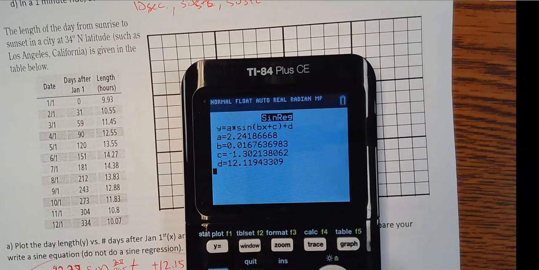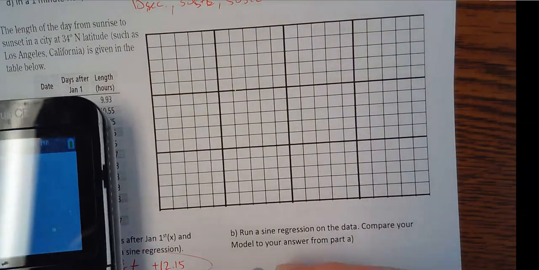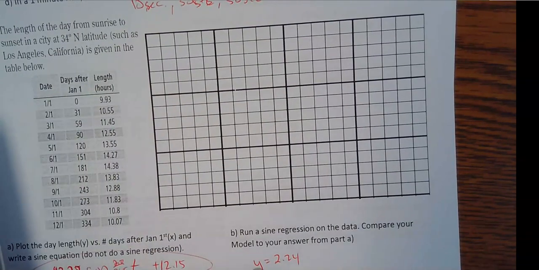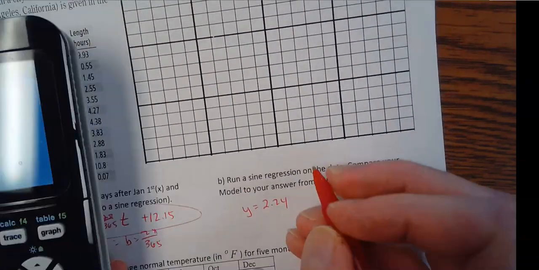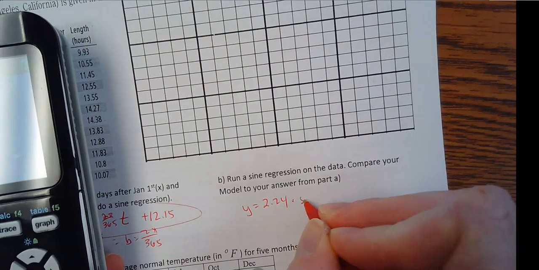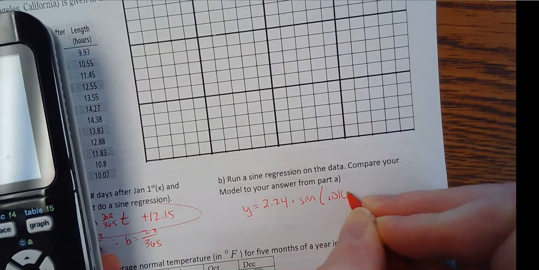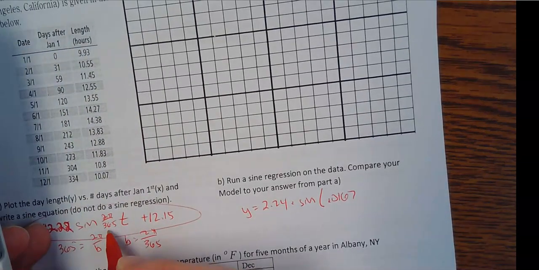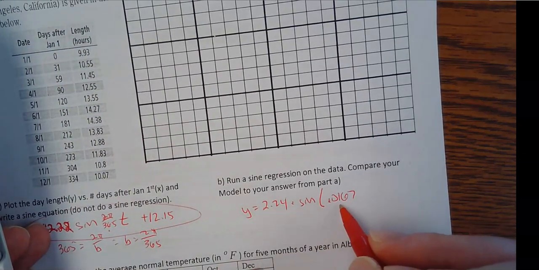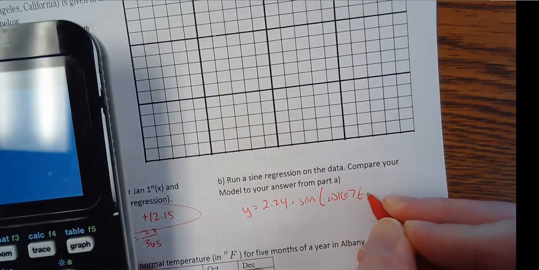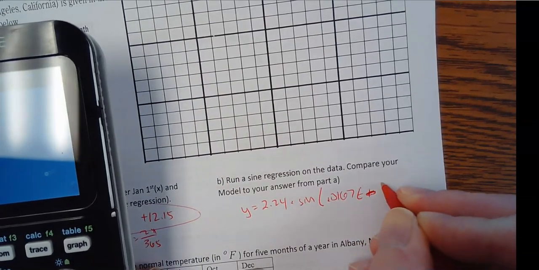If we copy this down, y equals 2.24, my estimate was 2.22, times sine of 0.0167, which is very close to 2 pi divided by 365, t plus, here's my phase shift, minus 1.3.